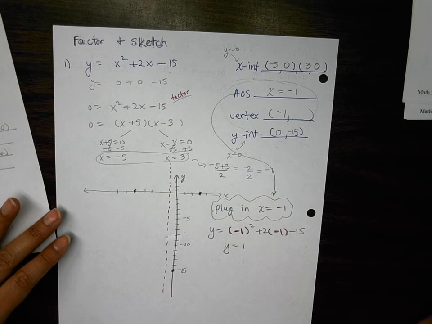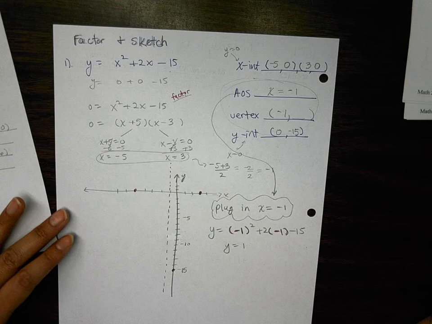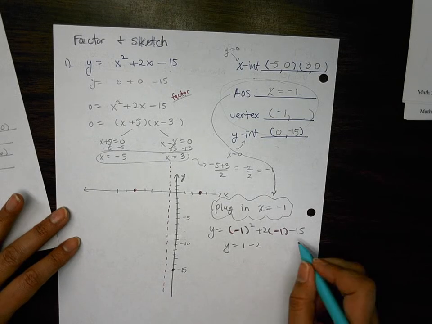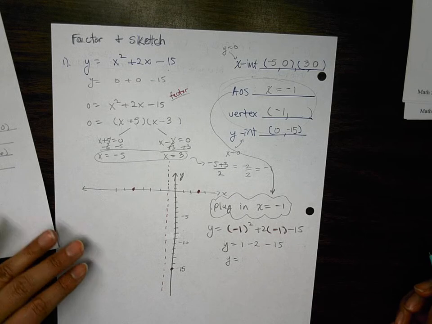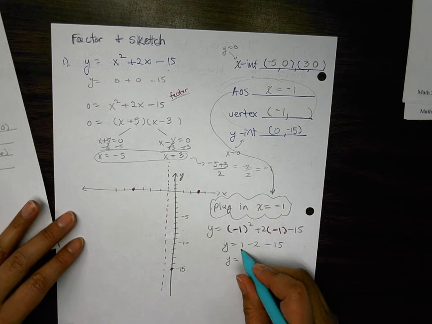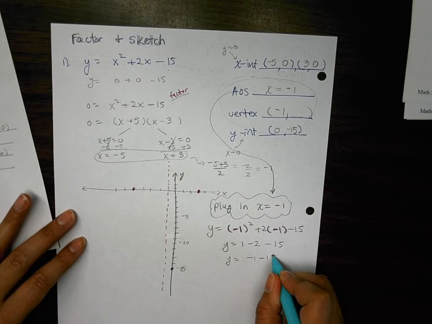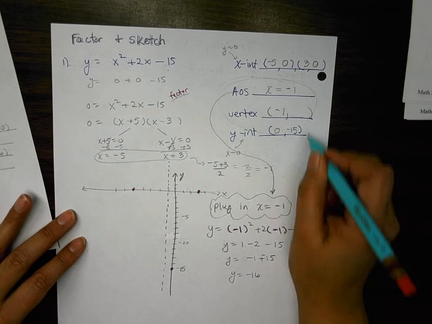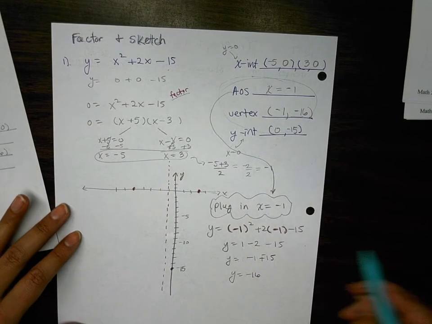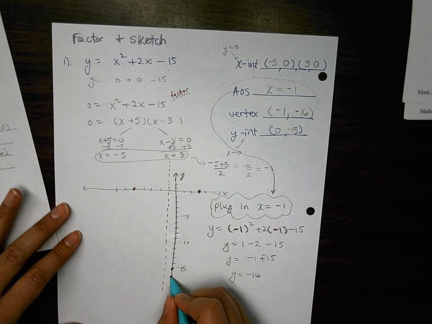Plus what's 2 times -1? +2 or -2? So I'm going to put -2 and then minus 15. Let's keep going. What's 1 minus 2? And -1 minus 15? -16.